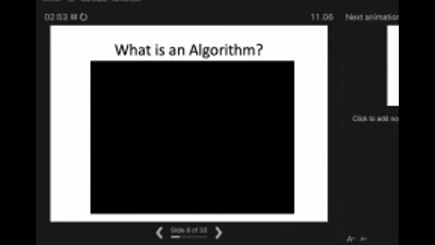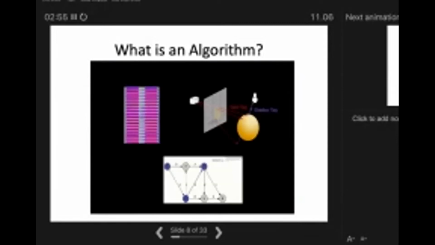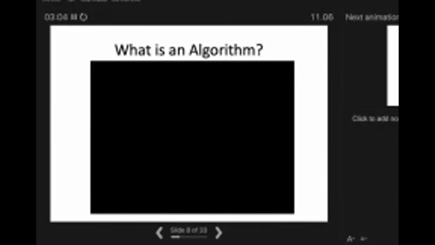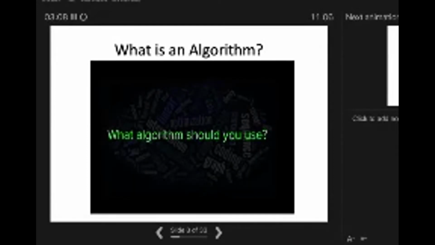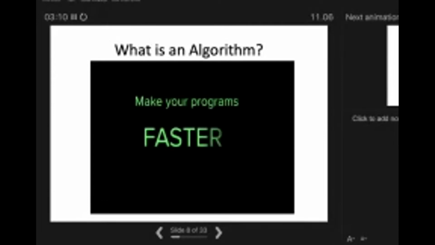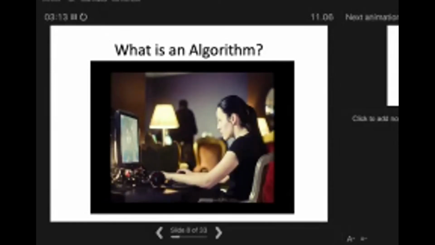Those algorithms are more complex than our everyday algorithms, like making a grilled cheese sandwich, but they boil down to the same thing, a set of steps to accomplish a task. If you know something about existing algorithms, you can save yourself some effort and make your programs faster by applying the right one. For example, let's say that you're writing a game and you want the user to be able to play against the computer.